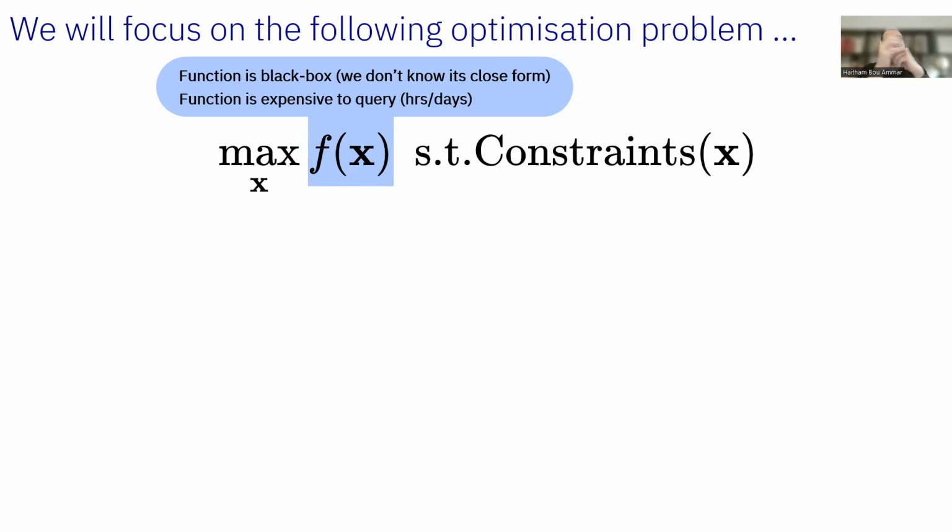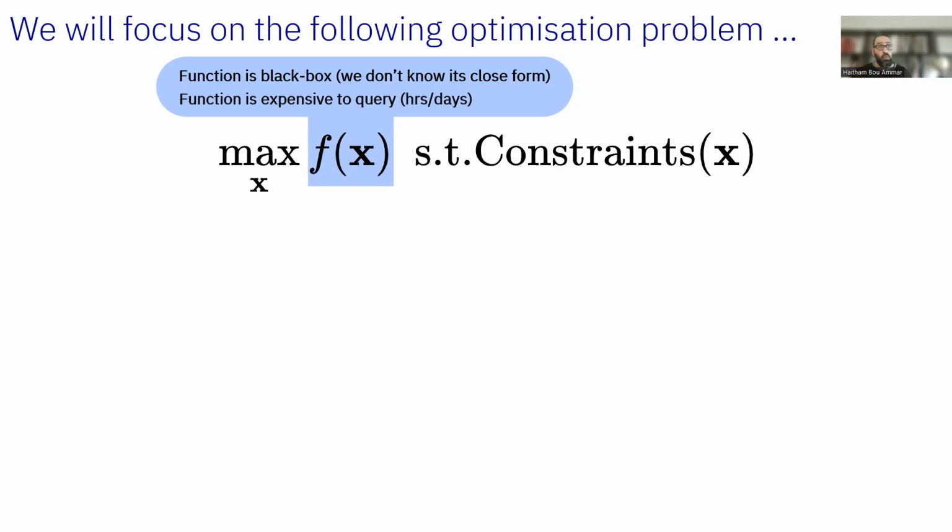It's unknown. I'll give you a set of examples why this is the case. Because I don't know this black box function, all I can do is talk to this function, query it, give it a variable x, and then ask it what's the value of f of x you think corresponds to that variable x.